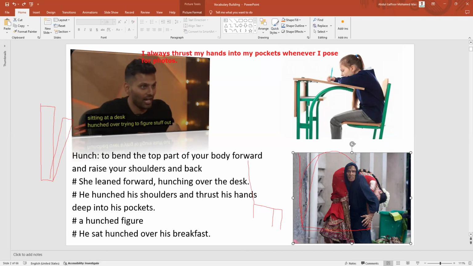Then if you look at the next sentence: he sat hunched over his breakfast, which means for eating his breakfast, he is bending his body, right? So that is the meaning of that sentence. Now we will go to the next slide.